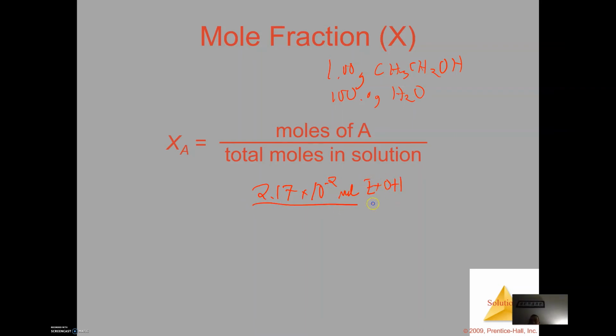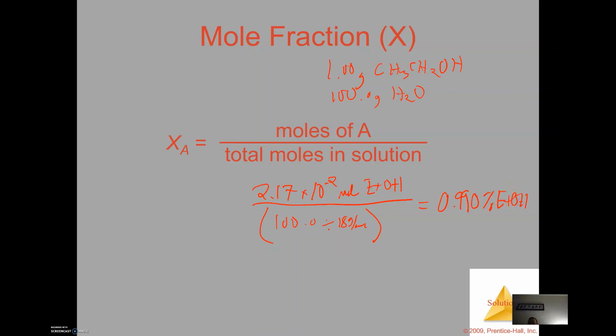And now we're going to divide it by the moles of water. For the moles of water, you're going to take 100 grams of the water and divide that by 18 grams per mole. That way it gets you into the right unit. And so if you do this correctly, what you end up with is 0.990% ethanol.